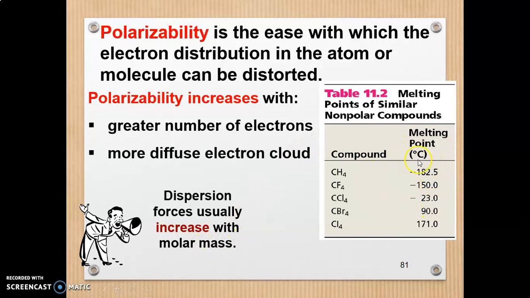So let's see this table. We have CH4, CF4, CCl4, CBr4, CI4. Compared to CH4, CI4 has a greater molar mass, so the melting point for CI4 is the highest.